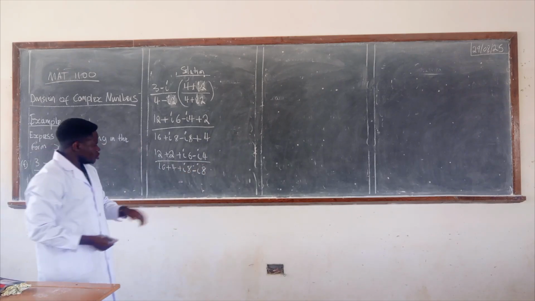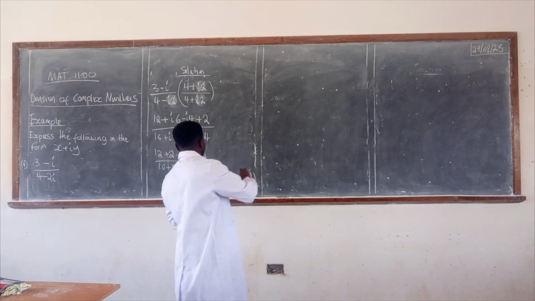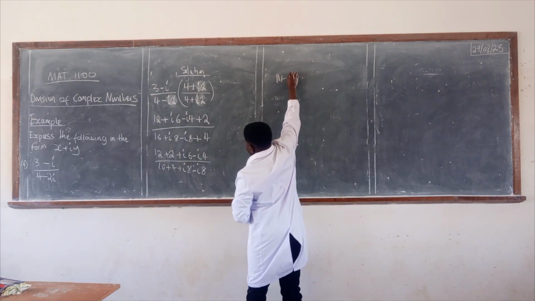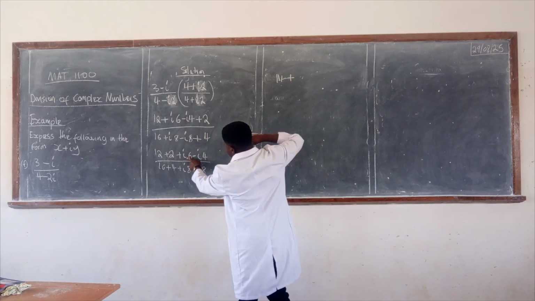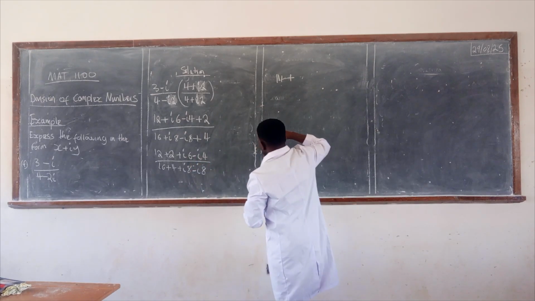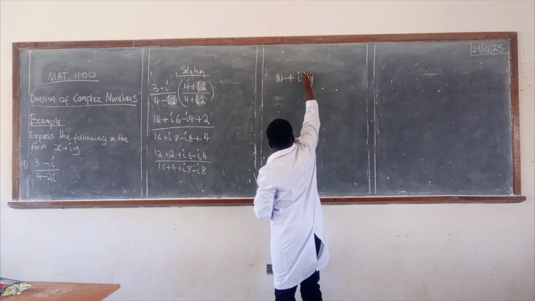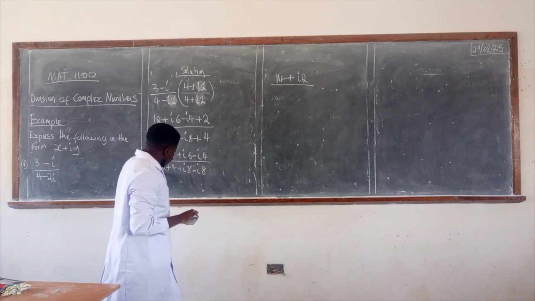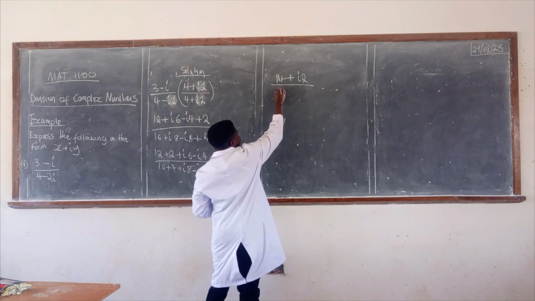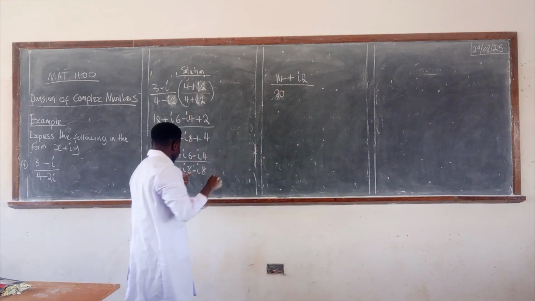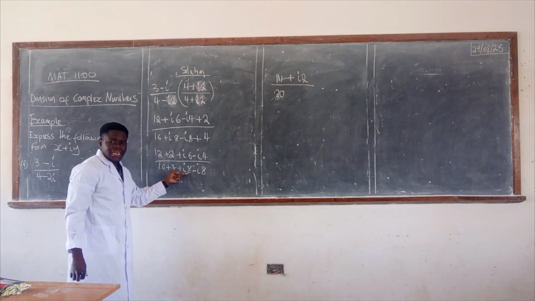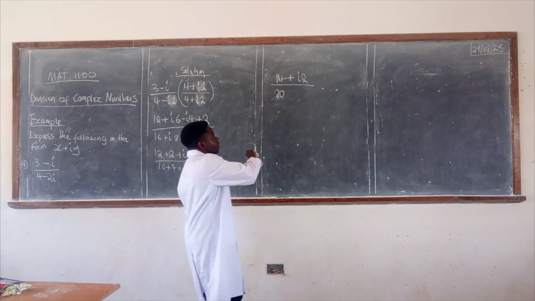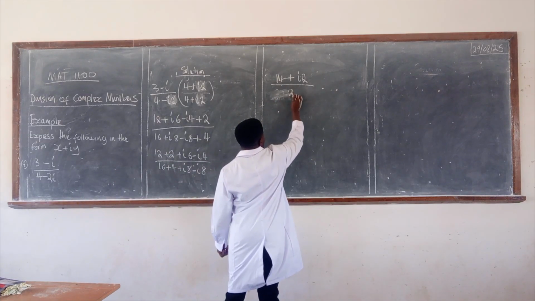What is this giving us? It's going to give us 14 plus what is i6 minus i4, which gives us i2, over. Here we have 16 plus 4, which gives us 20, and i8 minus i8 gives us 0. So I'm just going to write the 20 there.